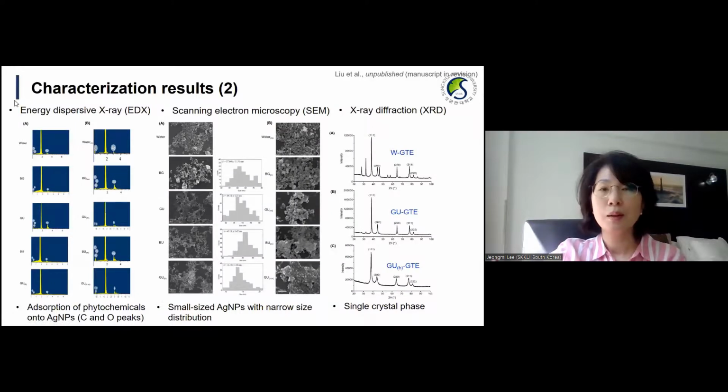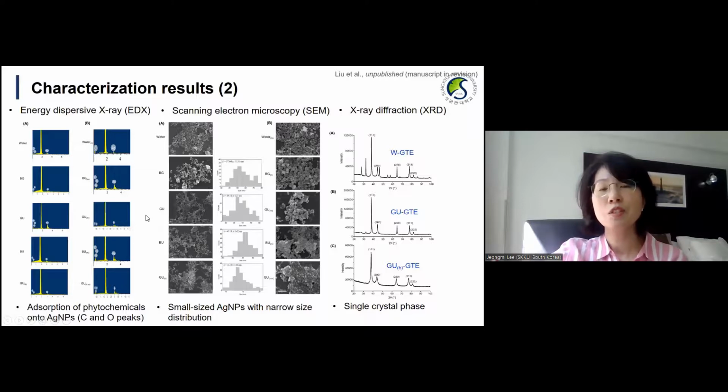And among many other characterization results, I am showing you the energy dispersive X-ray results, which indicate the peaks of carbon and oxygen on the silver nanoparticles. From these results, we could conclude that phytochemicals and maybe DESs were adsorbed onto the surface of silver nanoparticles.